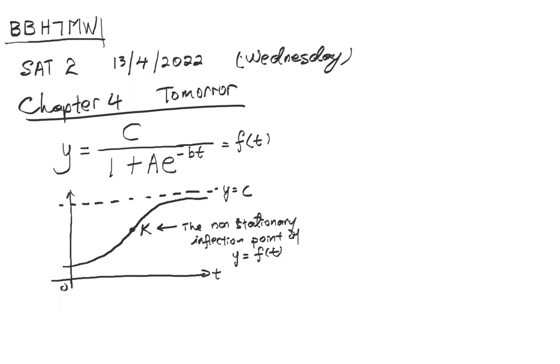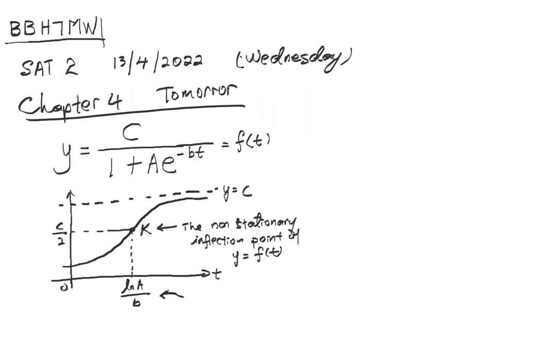Right? And we know that the x coordinate for point K is ln A over B, and the y coordinate will be C over 2. Am I right? These are the true facts about any logistic function. So how do I interpret this?